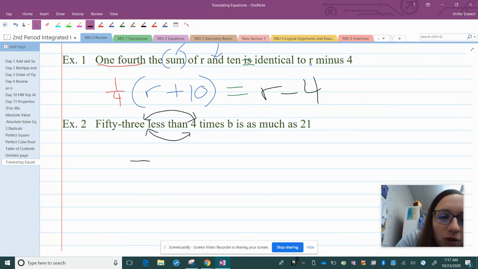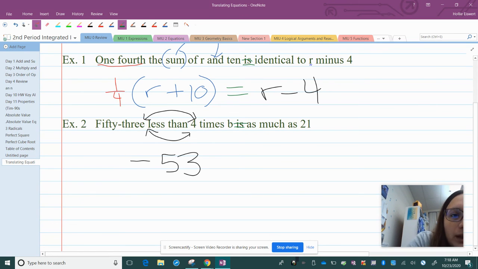Okay. So we know 53 is going to go over here because we're switcherooing that. What goes on the other side? Less than 4 times b. Oh, less than 4 times b is. Okay, well, is our equal sign, so we'll hang on to that. That's going to show up later. But we have this 4 times b. Now, we could write it with the x. We could write it with the dot.